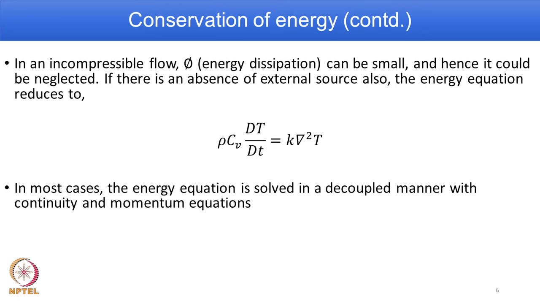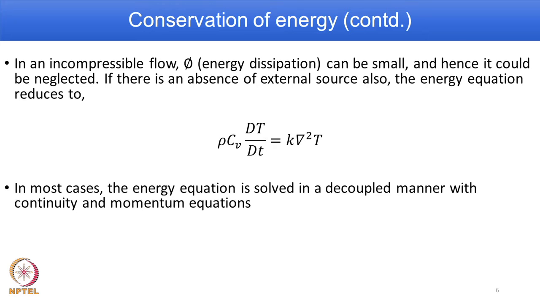So, if you look at the number of variables, you have u, v, w, which are 3, and pressure, which makes 4. So, there are 4 unknowns and there are 4 equations. Mathematically it is a closed system of equations, and along with the boundary conditions you specify, you will be able to solve those 4 equations without any problem.